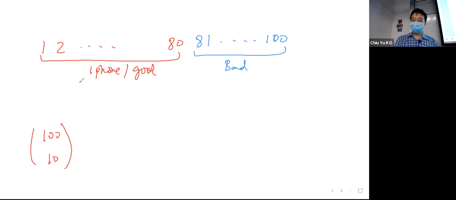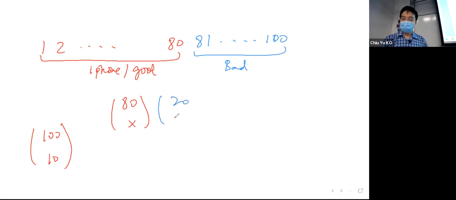And how many ways can you draw good phones? Just like how many ways you can take out this. Suppose it's x, then you get 80 C x. And the other one will be 20 C (10 minus x). Suppose you draw 10 balls over there, you just try to fill up to 10.